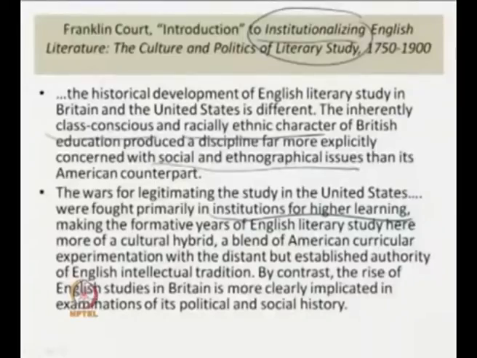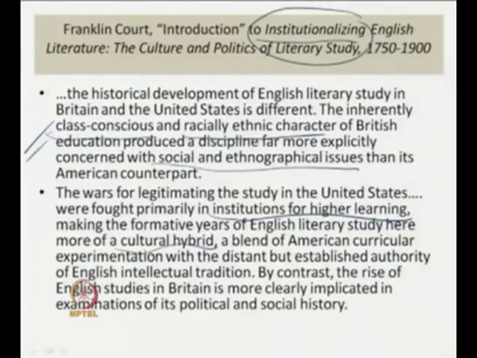The wars for legitimating the study in the United States were fought primarily in institutions for higher learning, making the formative years of English literary study here more of a cultural hybrid. Look at this. This is class conscious and racially ethnic, right.